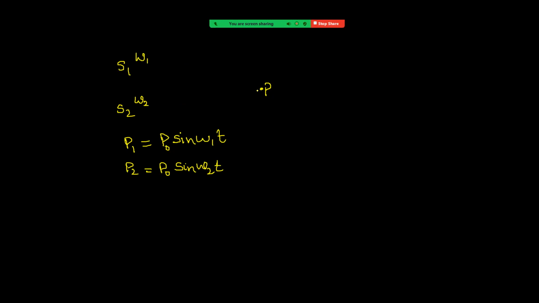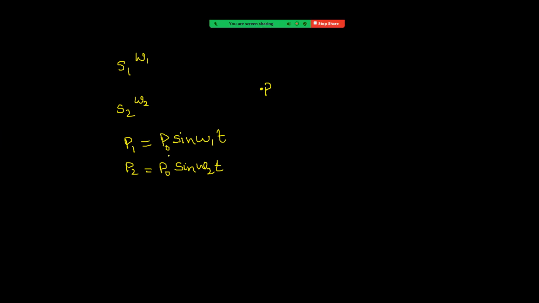Now these two are superimposed. So when they interfere, intensity changes. It may be maximum intensity or it may be minimum intensity, which depends on the phase difference.